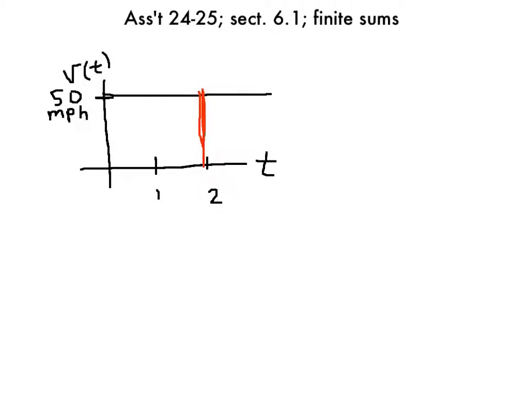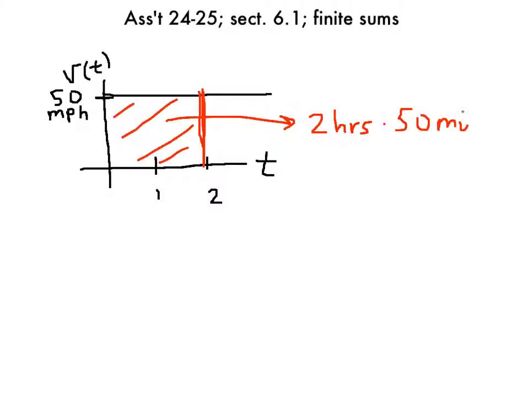So if I draw a line right here, and I think about that area, well, that area is the base, 2 hours, times the height, 50 miles per hour, and so what we notice is the hours cancel, and we wind up with 100 miles.